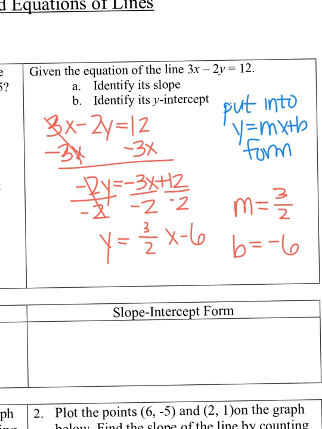And we get y equals 3 over 2x minus 6. Having it in y equals mx plus b form makes it really easy to pull out that the slope is going to be in the m spot and the y-intercept is going to be in the b spot. So once we've got that, we know that our slope is 3 over 2 and our y-intercept is -6.